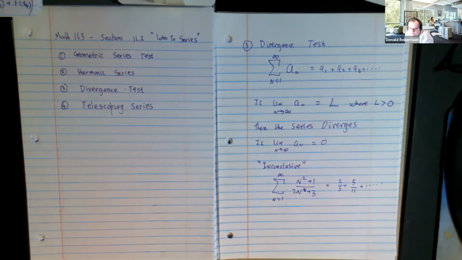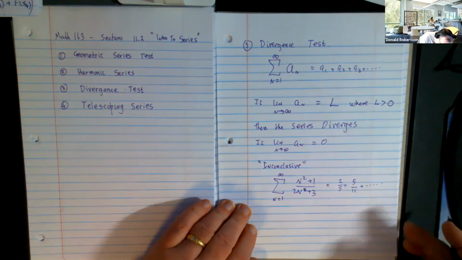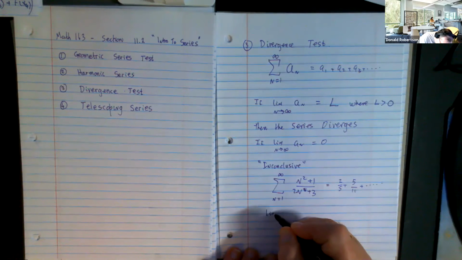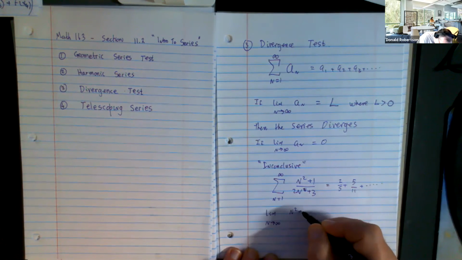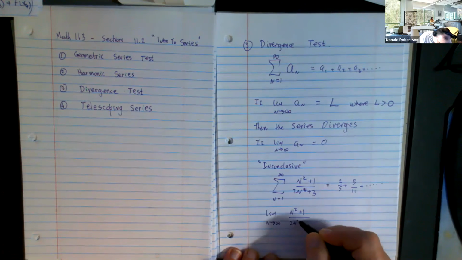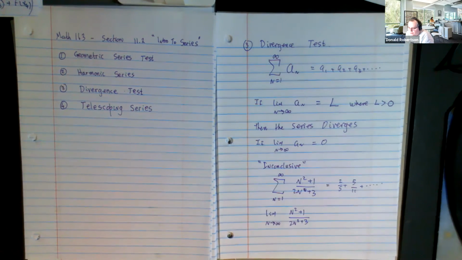So I guess the question is, how do I tell if that series converges or not using the divergence test? Well, all we do is we find the limit as n tends to infinity of the individual pieces that make up the series, right? They're all made up of lots and lots of those guys.